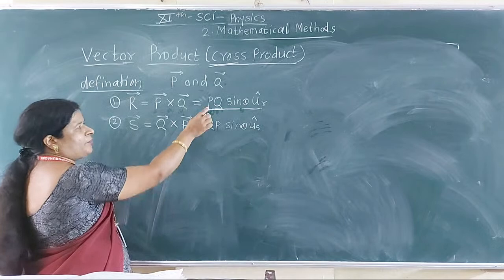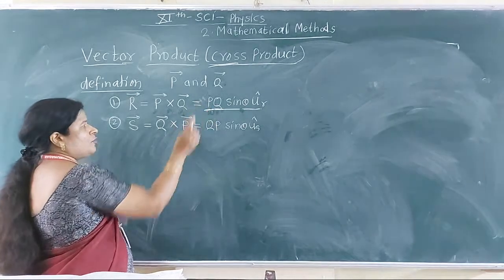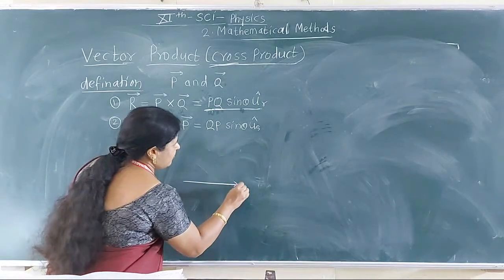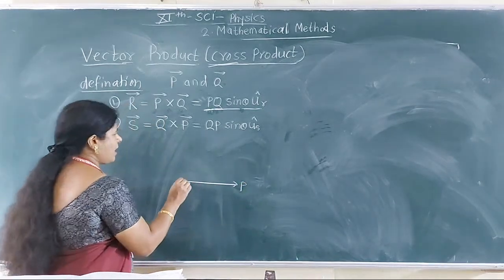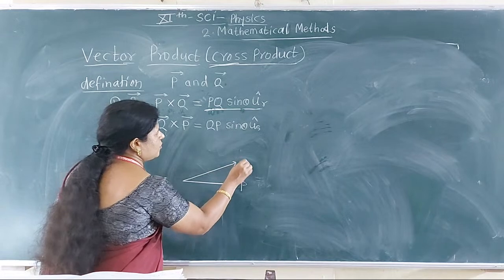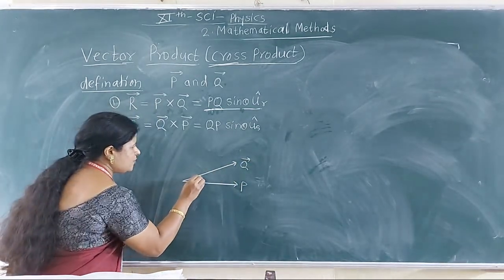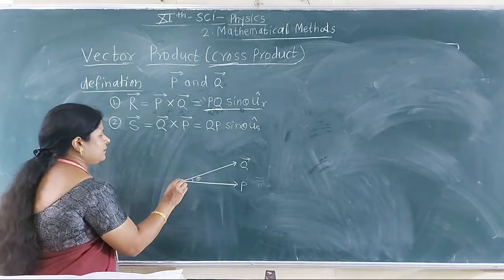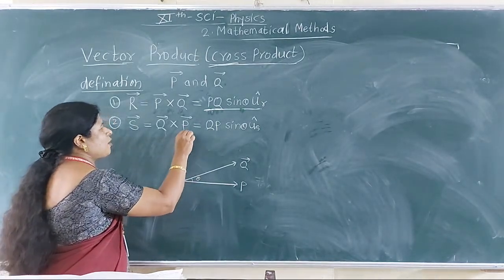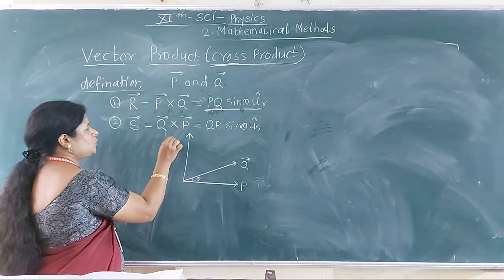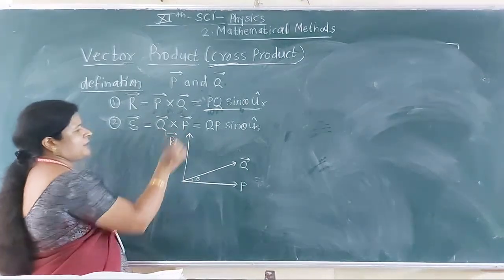This definition we can show by a diagram like this. If this is vector P and another vector Q, there is a small angle theta between them, then its vector product is shown by vector r.